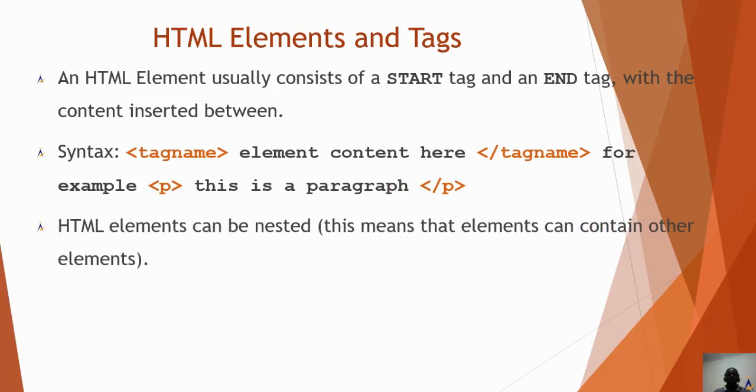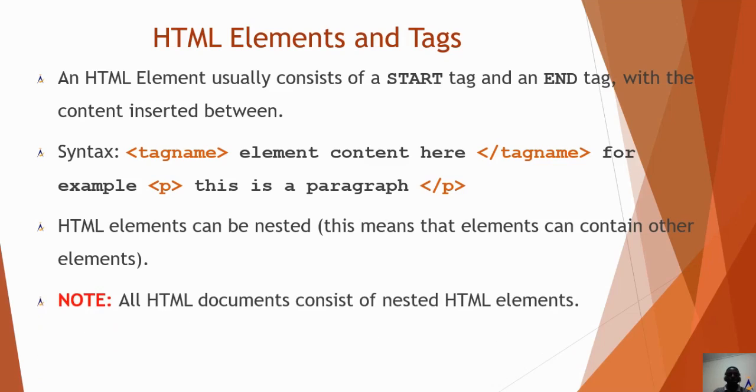HTML elements can be nested. It means that HTML elements should be nested to make the content look clear. For instance, we have HTML as a root tag, but in between those HTML tags we have the head tag, the title tag, and the body tag. So body and title are nested elements within the HTML element.